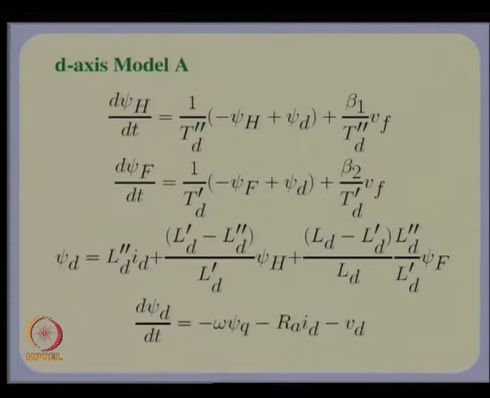So, if you do not want to know what the rotor H winding flux or the field winding flux is, you can still use this model for understanding the effects on the stator. So, this is one thing which you should keep in mind. This is a valid model, model A.